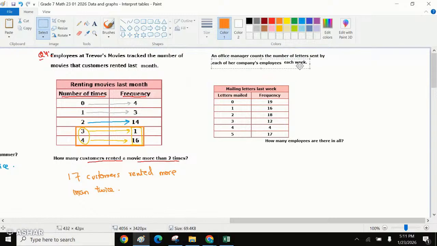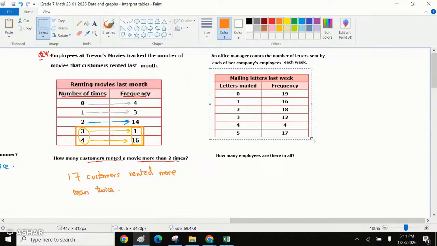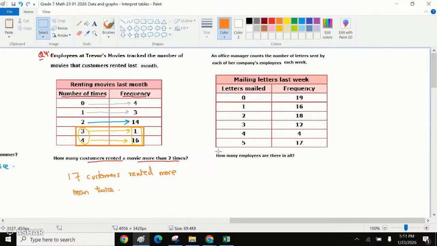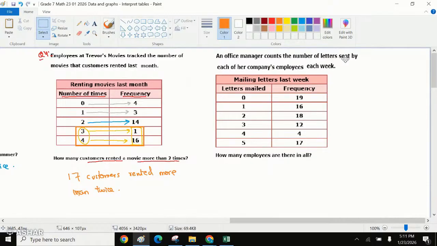An office manager counts the number of letters sent by each of the company's employees each week, right? And this grid gives the frequency for the number of letters that have been sent out. So this would be our question number 5.